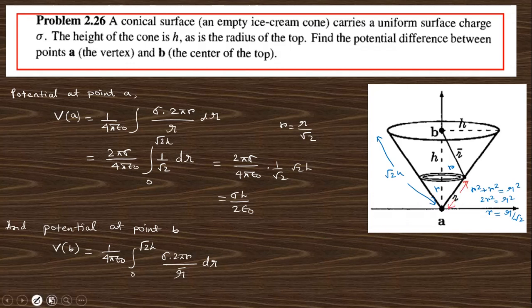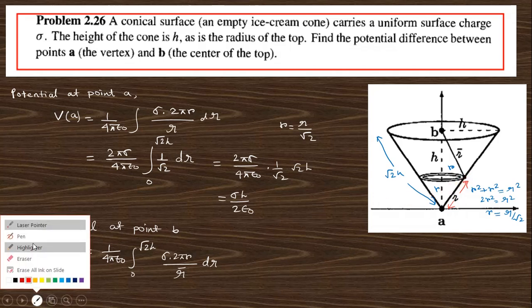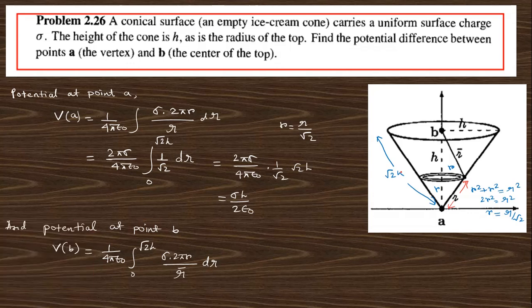So the potential at point A will be 1 by 4 pi epsilon, the charge will be sigma into 2 pi r into d of curly r, because this small region is d of curly r.